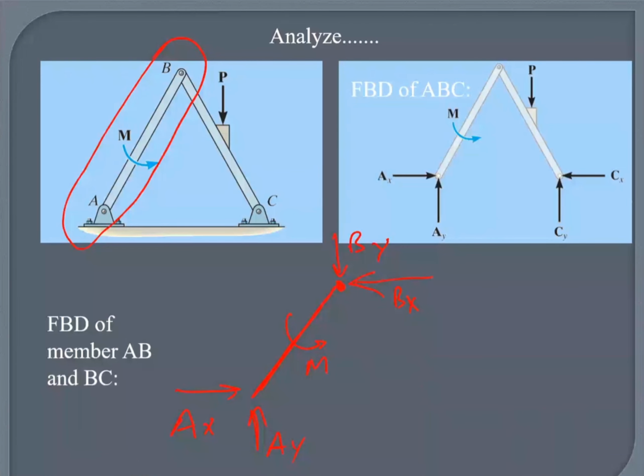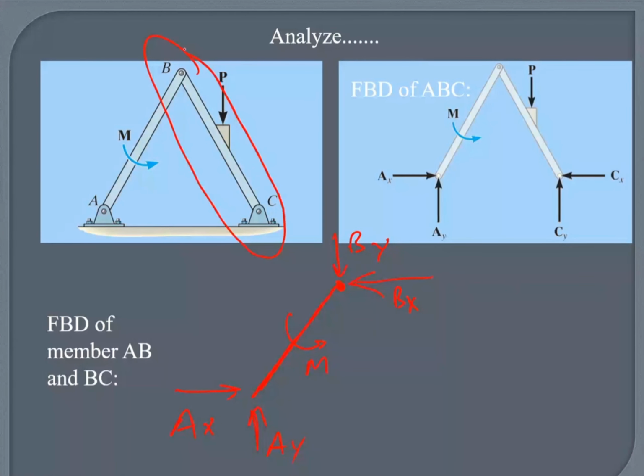Is that the right free-body diagram of AB? Yes, sir.